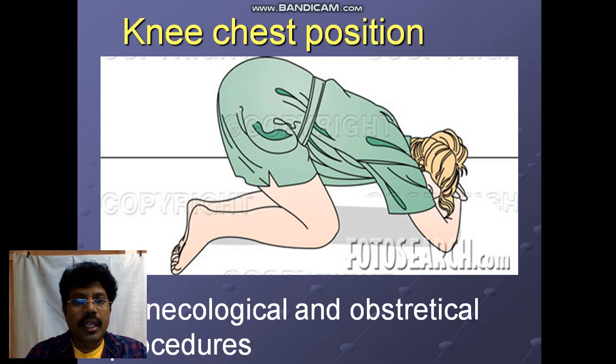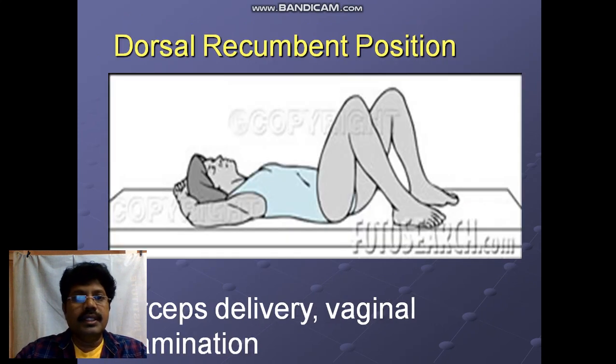So this is called the knee chest or genupectoral position. Now this is the dorsal recumbent position. You just see the picture: both legs are flexed, the knee joints are flexed, both feet are on the bed, and both hands are raised above the head. This is almost a relaxed position, and the abdominal muscles are also relaxed.